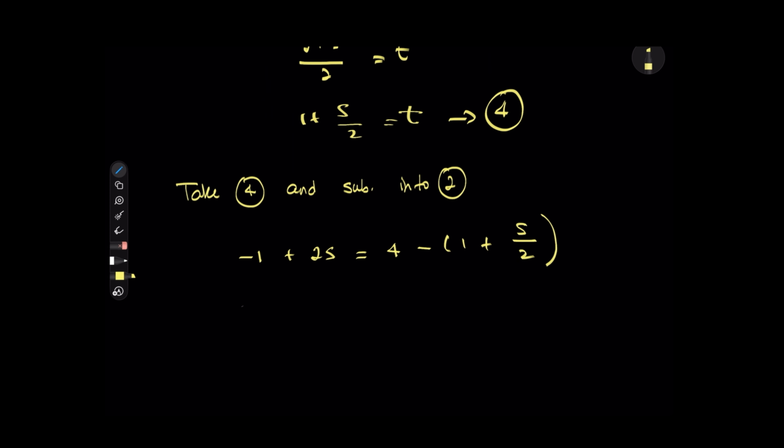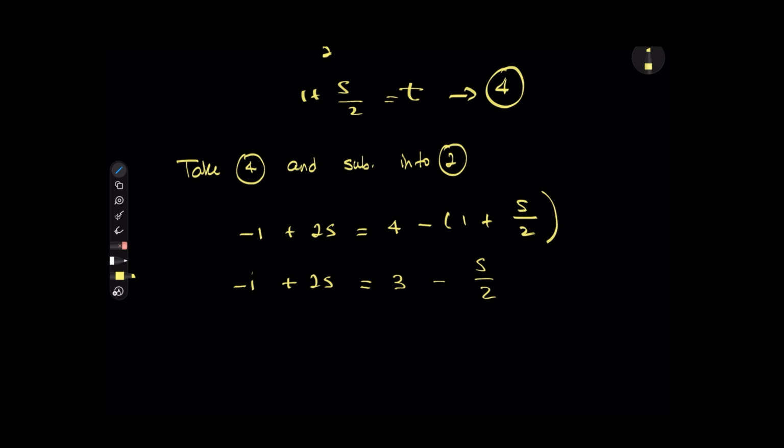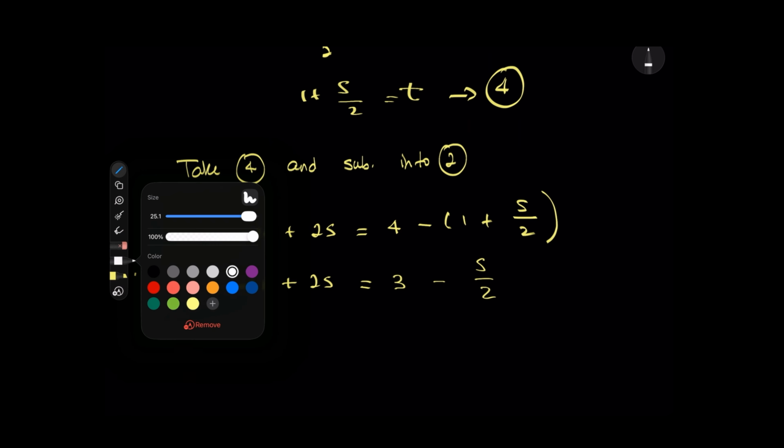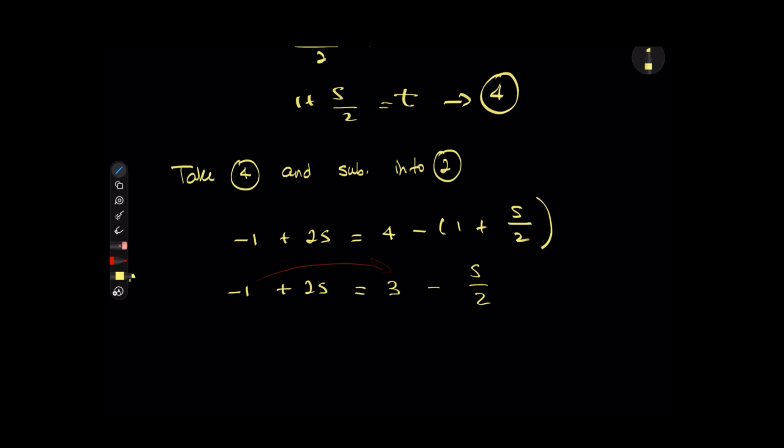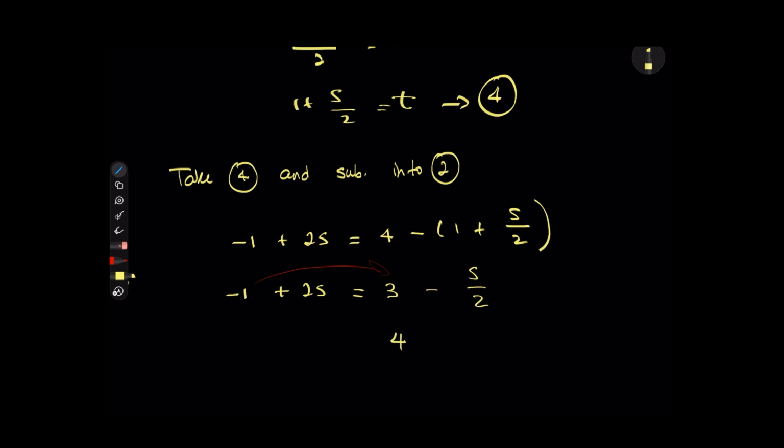Then I'll simplify. So I have negative 1 plus 2s is equal to 4 minus (1 plus s over 2). So we could actually subtract this immediately. So 4 minus 1 is 3. And the negative sign will come on the inside here. Then I'm going to transpose this 3. And actually, let's bring this negative 1 right here on this side. So you'll have 3 plus 1 is 4.